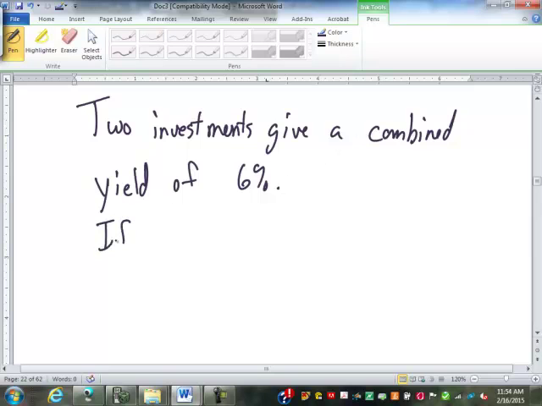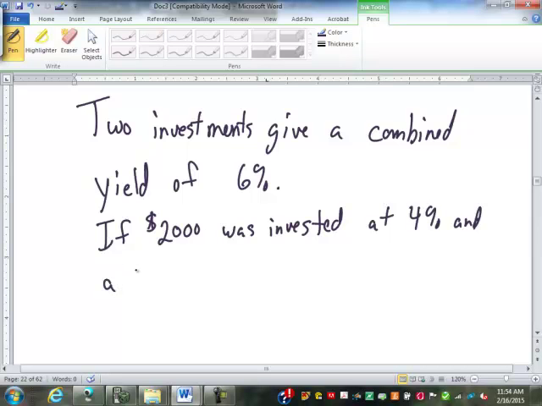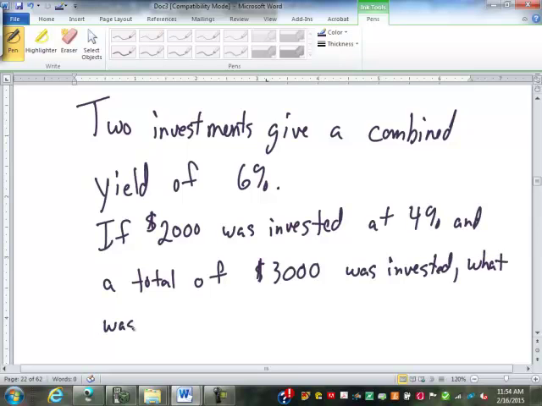If $2,000 was invested at 4%, and a total of $3,000 was invested, what was the return, the percent in other words, on the second investment?